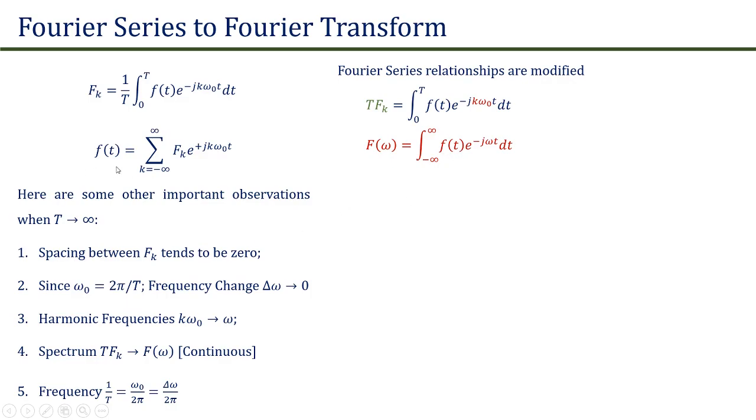Similarly, the second relationship of the Fourier series, that is f(t), can be modified by multiplication and division by capital T on the right hand side.